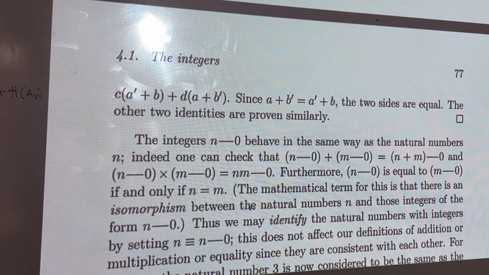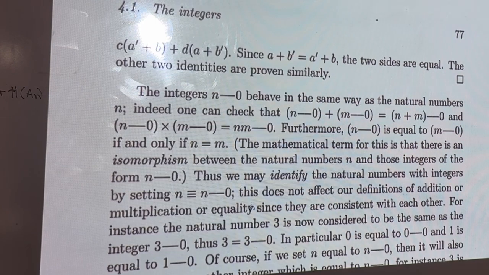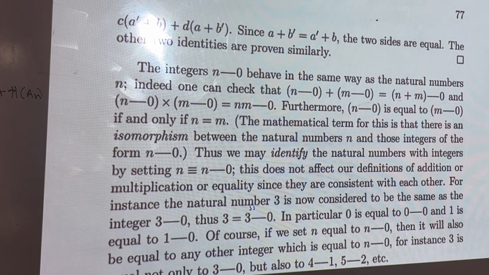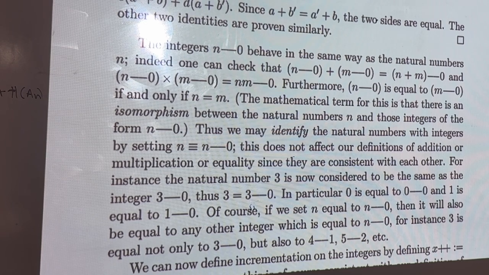This does not affect our definition of addition or multiplication or equality, since they are consistent with each other. For instance, the natural number 3 is now considered to be the same as the integer 3 minus 0. Now you can say 3 is 3 minus 0. However, 3 is not equal to 3 minus 0. You cannot say so. Thus, he has written 3 equals 3 minus 0.